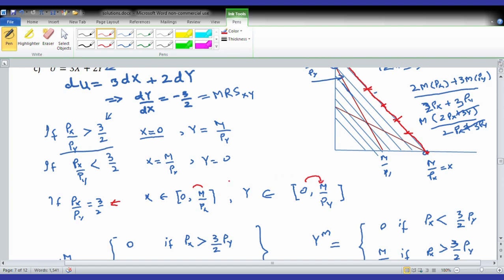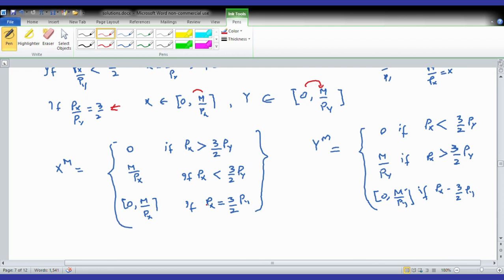So let's write down the conditions for the demand function. This is what I have done for the Marshallian demand function for x. It is 0 if price of x is greater than 3 over 2 py, which is like saying that px over py is greater than 3 over 2.